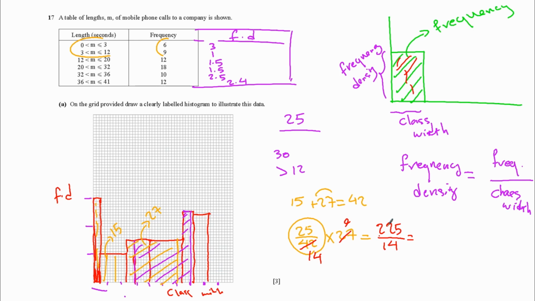But if I round this, 16 would be the rounded number. So out of this 25, 16 of them should be, for stratified sampling, higher than 12 seconds, between 12 and 30. And the rest, which is 9, is less than 12.